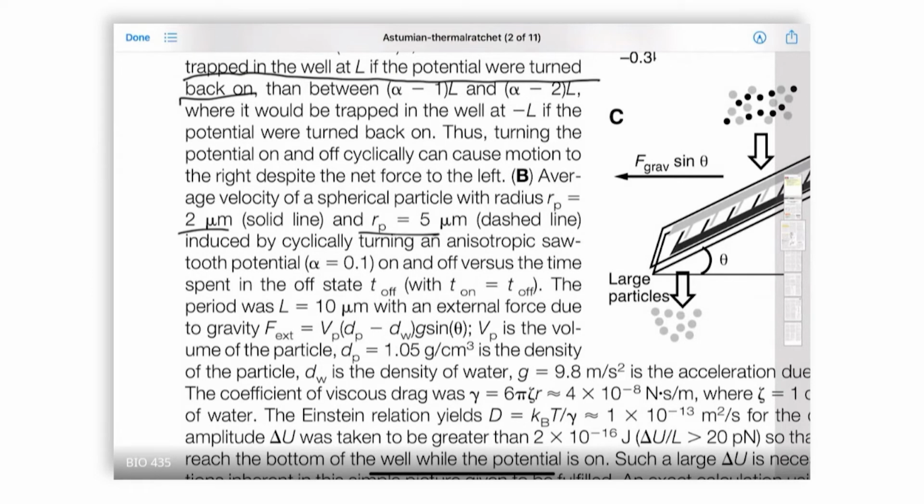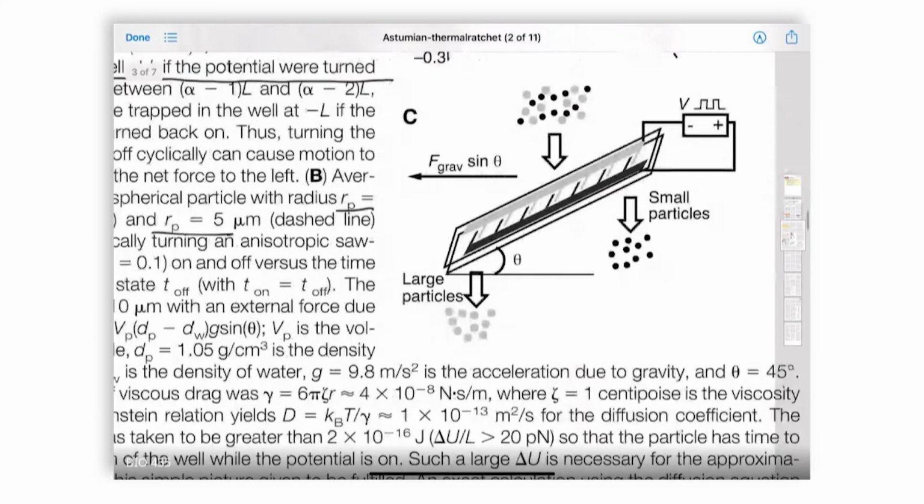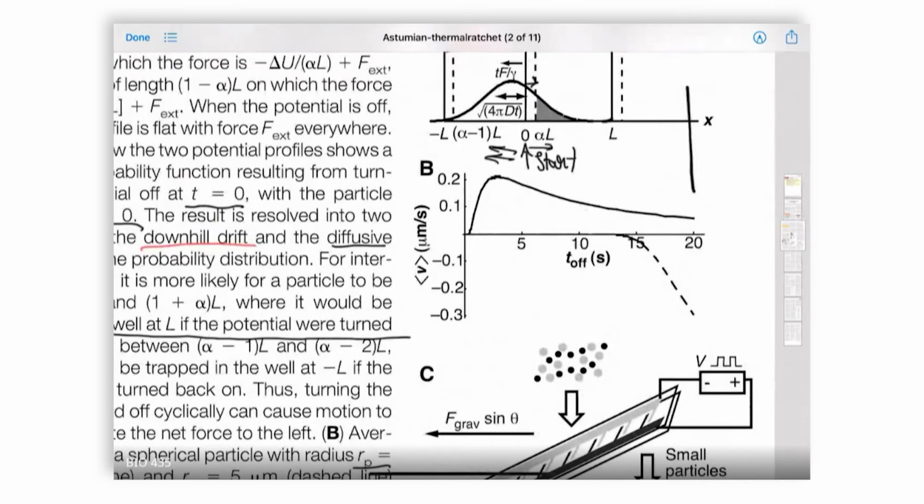And this is the fact that if they take two particle sizes, one which is bigger, which therefore has a smaller diffusion coefficient, and one which is smaller, therefore it has a higher diffusion coefficient. And remember from our analogy, our entire exercise is about diffusion coefficients and the spread of diffusive spread, that you should get a higher velocity according to this flashing potential on off as the time for which the potential is off is increased from zero to some non-zero value, reaching a maximum at approximately 2.5 seconds.